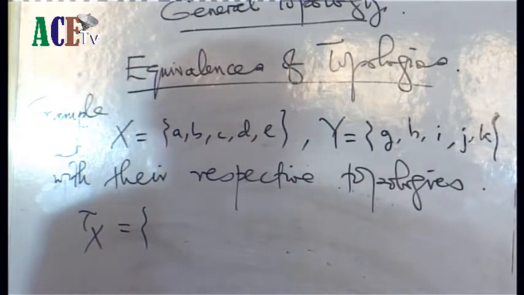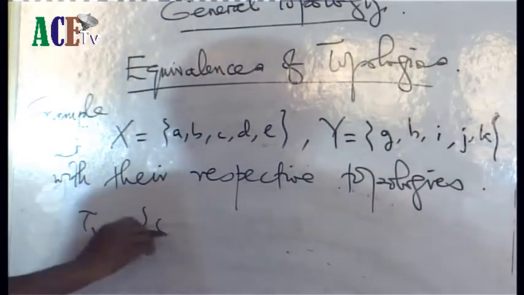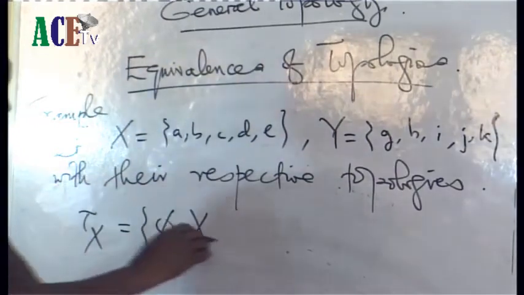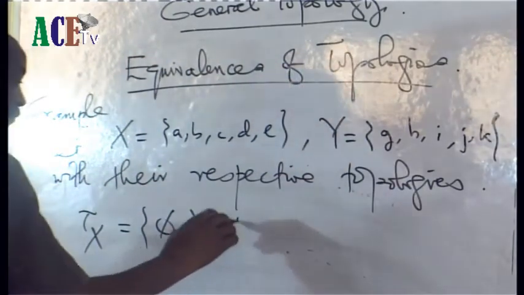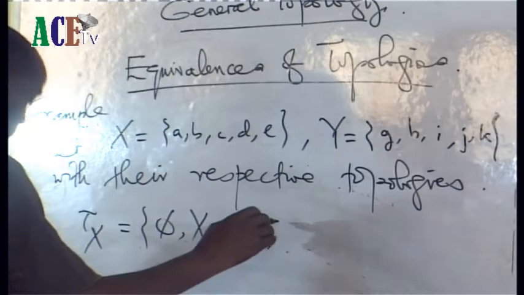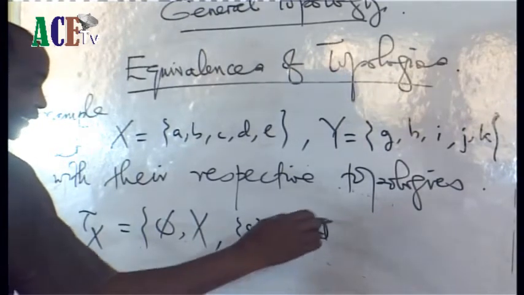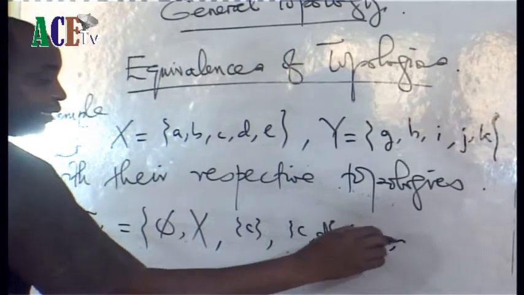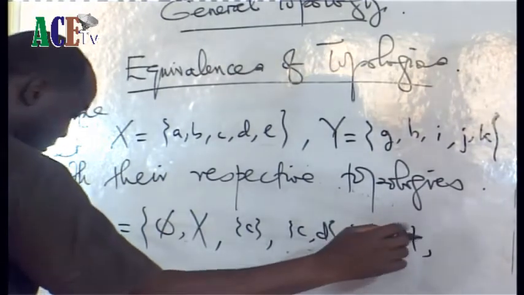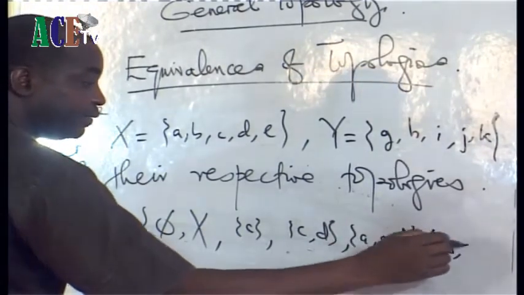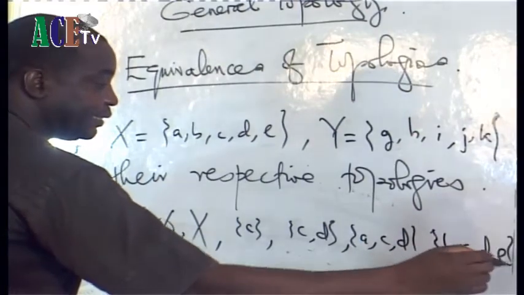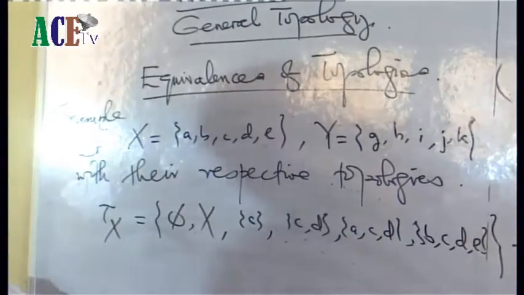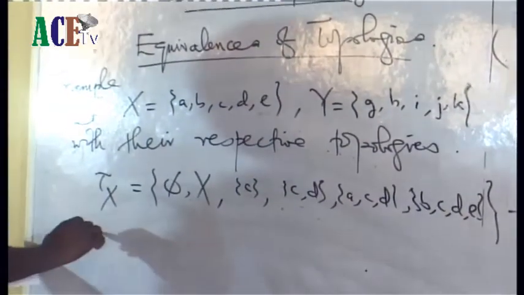Of course, every topology on X must contain the empty set as well as X. Then we have C, CD, ACD, and BCDE. That's a topology.